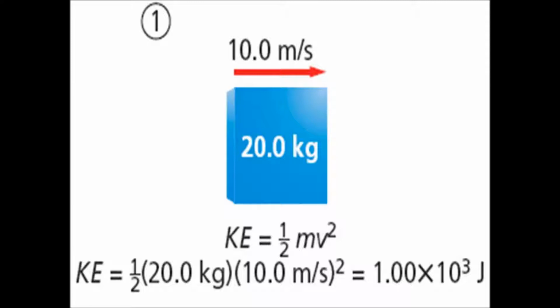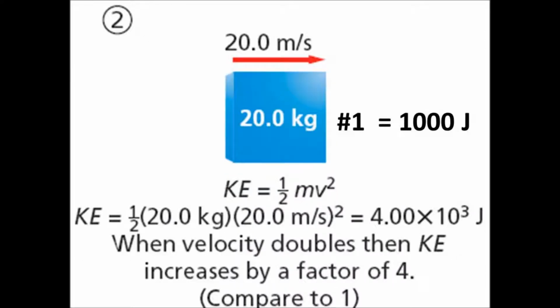They're both direct. Well, in this particular case, 1/2 times 20 times 10 squared is 1,000 joules. So I go 10 meters per second, 20 kilograms, I have 1,000 joules. Now, what happens if I double the velocity? Well, it's going to equal 4,000 joules, compared to number one, which was 1,000 joules.